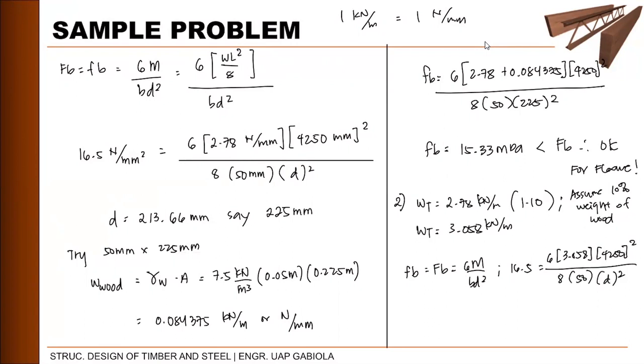So, makukuha natin value of D is 6 times 3.058 4250 squared all over 8 times 50 times 16.5, then square root of that answer.